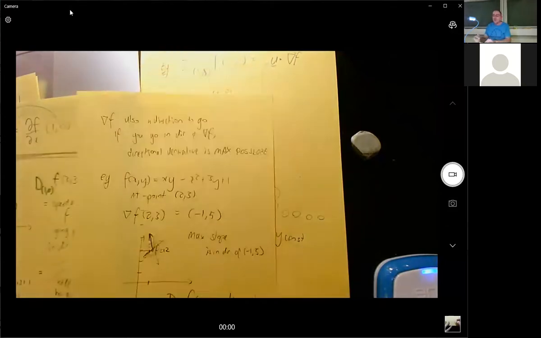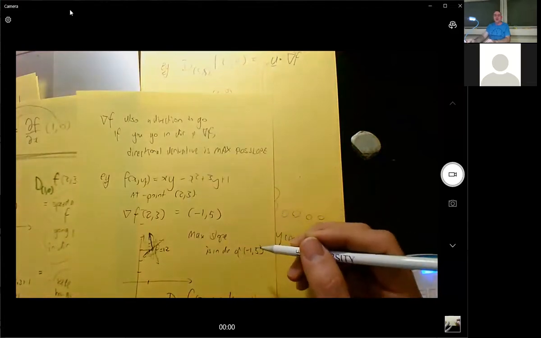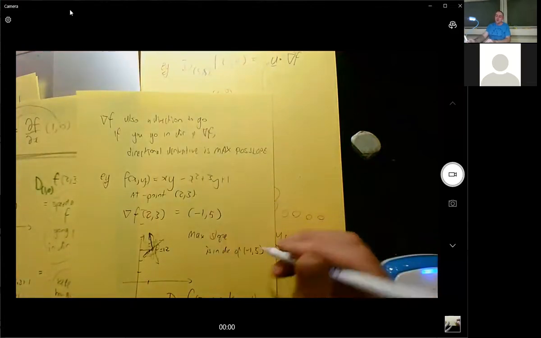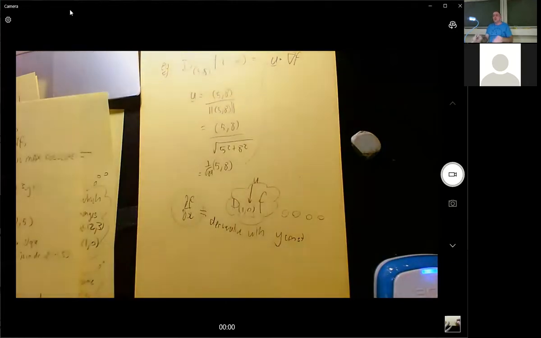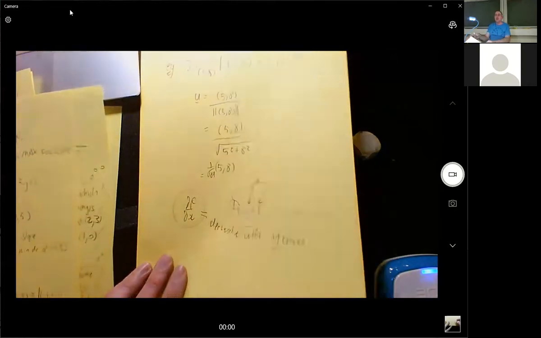So this is the maximum slope. It's also the direction. The maximum slope is in that direction. The maximum speed of increase is in that direction. The maximum speed of decrease would be in the direction of 1 minus 5. Okay. We're doing very well.